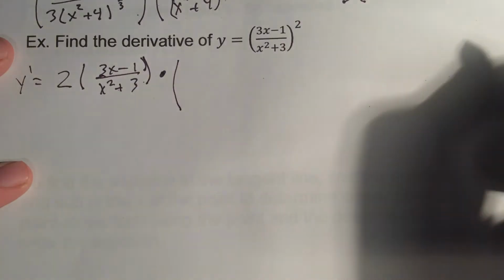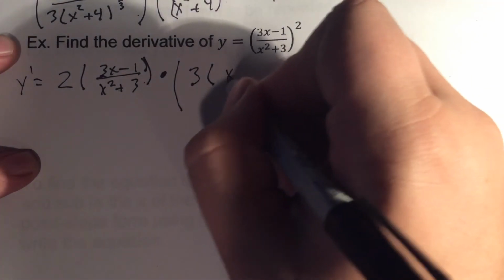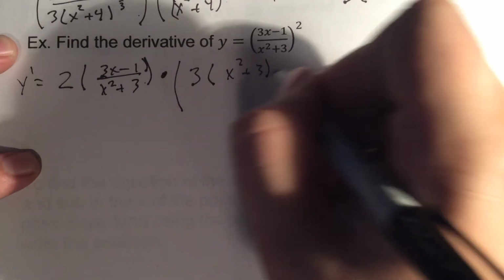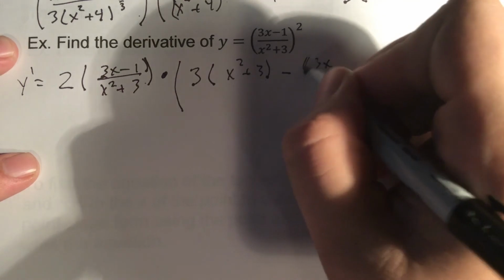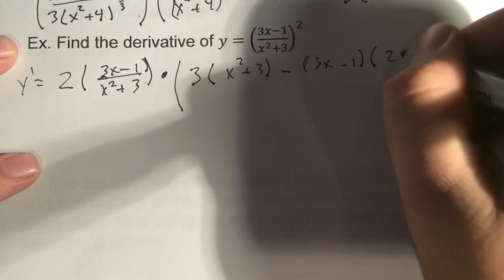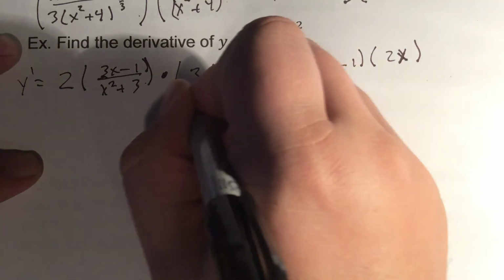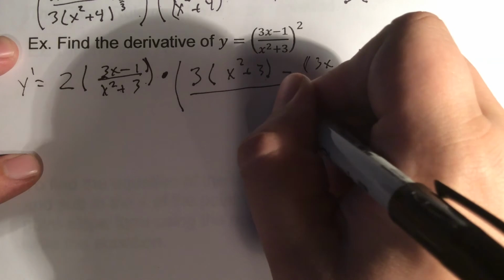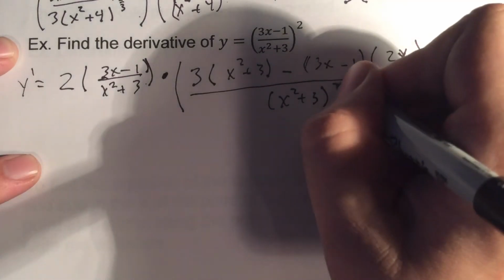So I'm going to do a big set of parentheses. So derivative of the top would be 3 times the bottom x squared plus 3 minus the top 3x minus 1 times derivative of the bottom, which would be a 2x. And the whole thing is going to be over x squared plus 3 squared.